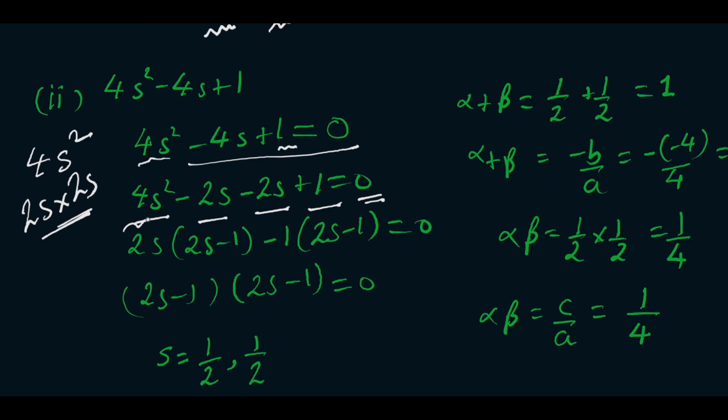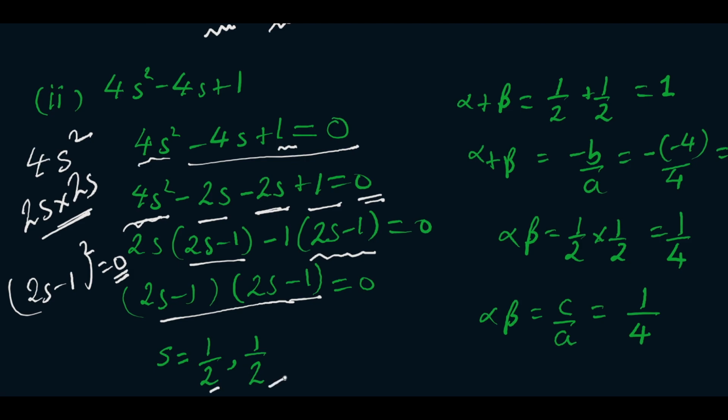We can take 2s common outside for the first part. It gives us 2s minus 1. For the second we take minus 1 outside and it is multiplied by 2s minus 1. So we get 2s minus 1 multiplied by 2s minus 1. So it is 2s minus 1 whole square equals to 0. So the value of s is 1 by 2, 1 by 2. So our zeros are 1 by 2 and 1 by 2.